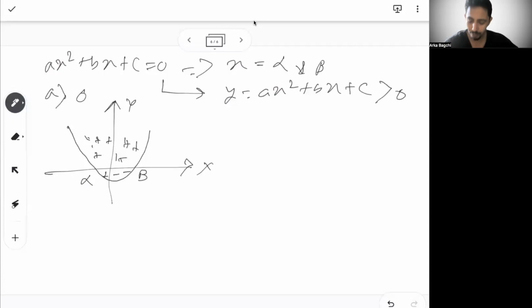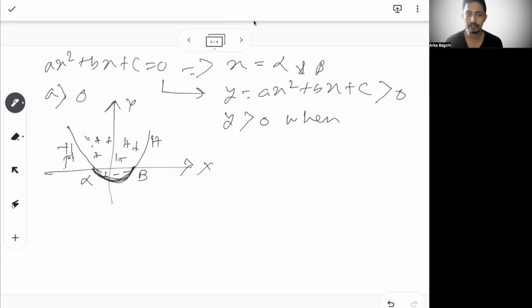So above the x-axis, in these zones, y is positive, and below the x-axis the graph has only this section where it is negative. So then we can say y is greater than 0 when the value is left of alpha.